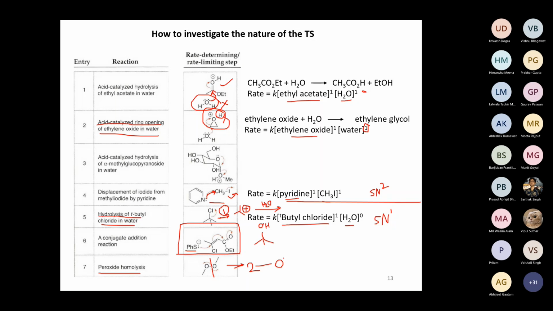The rate law should be only first order with respect to the peroxide. So you can see that the simple determination of the rate law can tell you which step is the rate limiting step, and not only that, it can give a hint what is going on in the transition state of the rate determining step. Even though you cannot confirm the possible structure, it can give a hint, right?